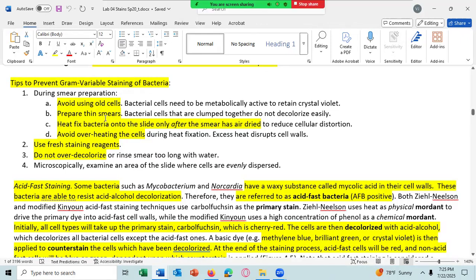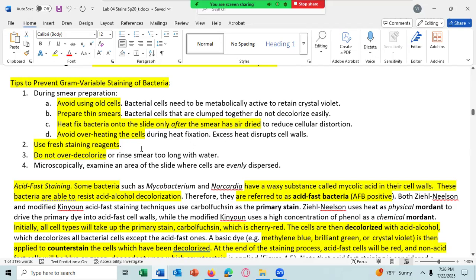So always make thin smears. Heat fix the bacteria on the slide only after the smear has air dried. If you perform it before the water has evaporated, then the water will boil, which will put holes in the cell membrane and the cell wall, which will obviously interfere with the staining.